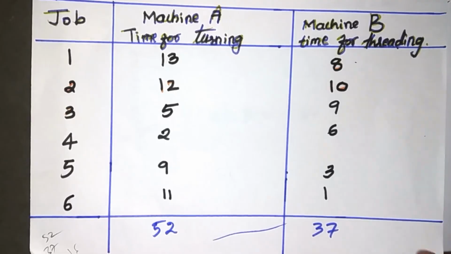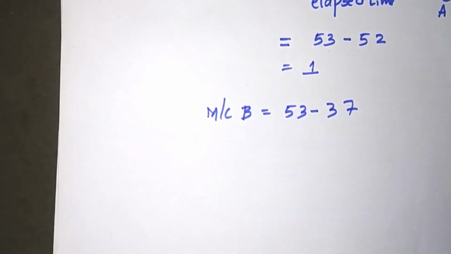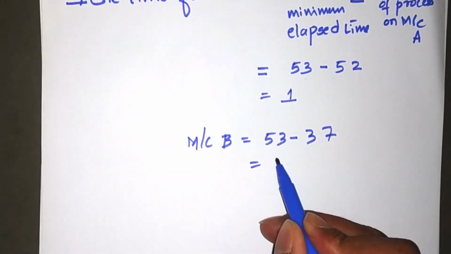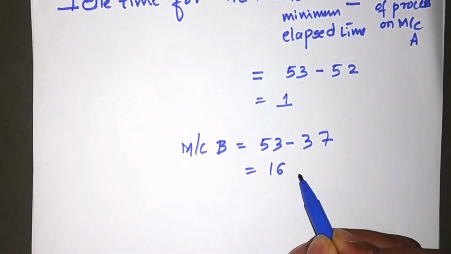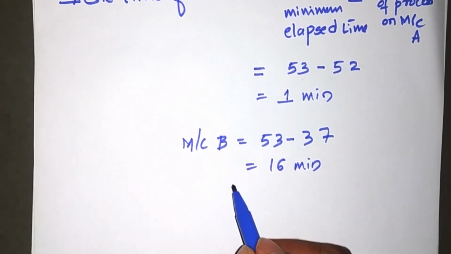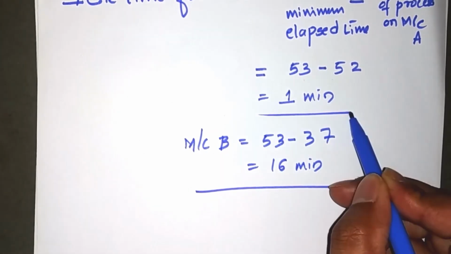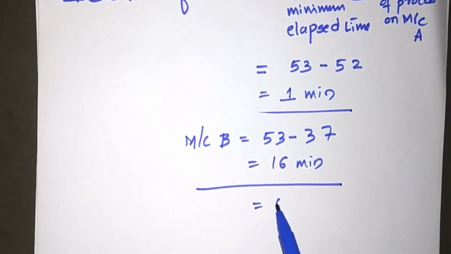So that 37 I am going to write it here. So the difference is the total idle time for machine B, that is in minutes. This is also in minutes. So this is the idle time for machine B, and this is the idle time for machine A, and the total minimum elapsed time is 53 minutes.